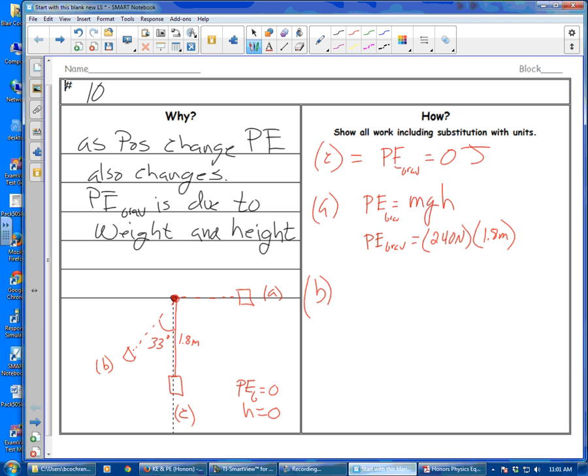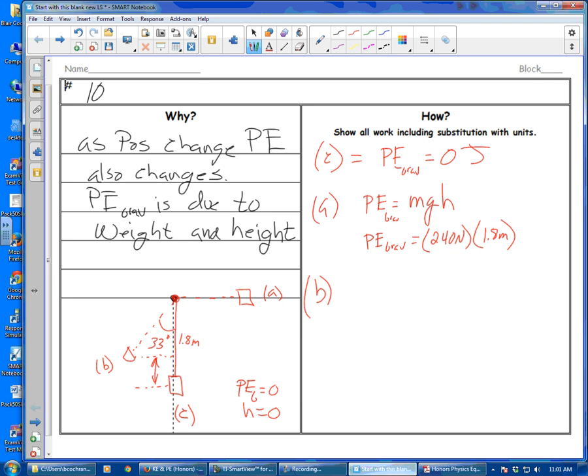Now, for B, the only tricky part is really a geometric tricky part, in that for B, the height would be this distance in here between the lowest position and the position it's at. Guys, a little bit quieter, please, a second. And that height is going to be based on that angle.